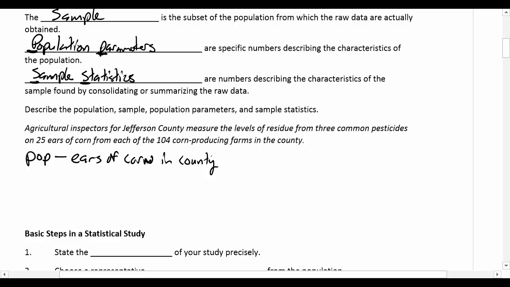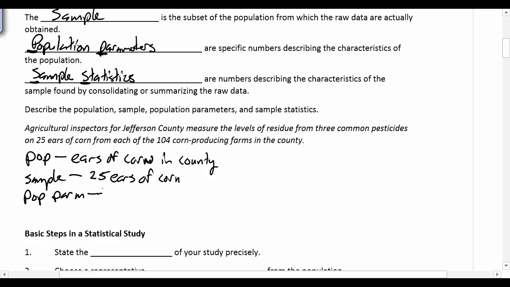Okay, the sample, so what did we actually go out and collect? Well, we collected it from the 25 ears from each farm. So the 25 ears of corn would count as the sample.